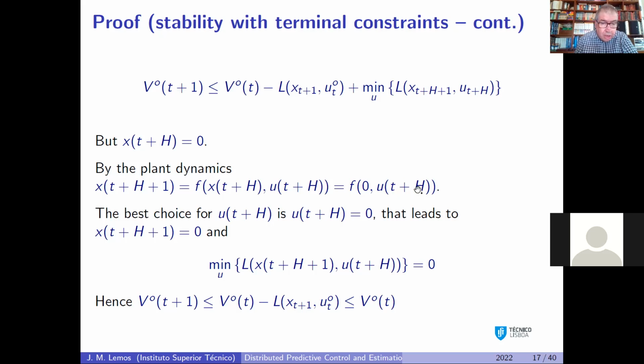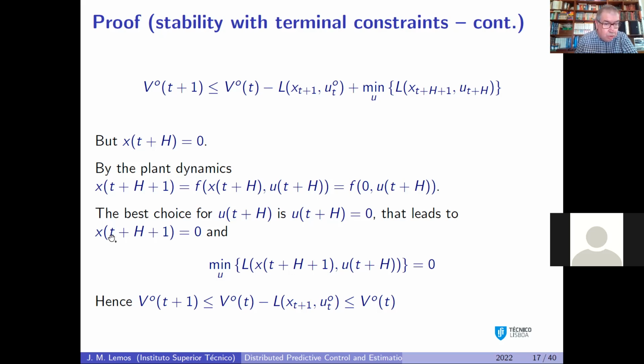All the choices other than selecting u equal to 0 will lead to general states here, at time t plus h plus 1. Okay? So the best thing for you, using the positivity property of L, is that you select u of t plus h equal to 0.